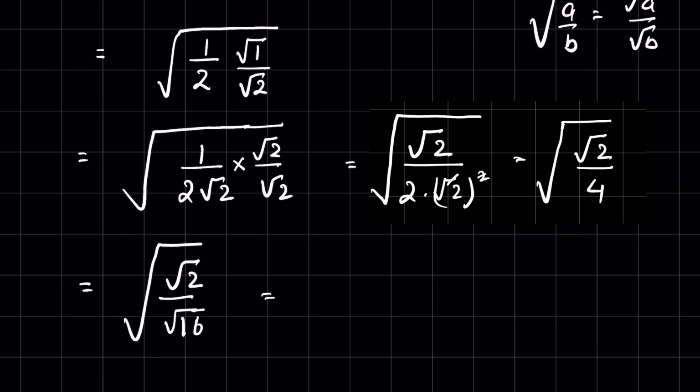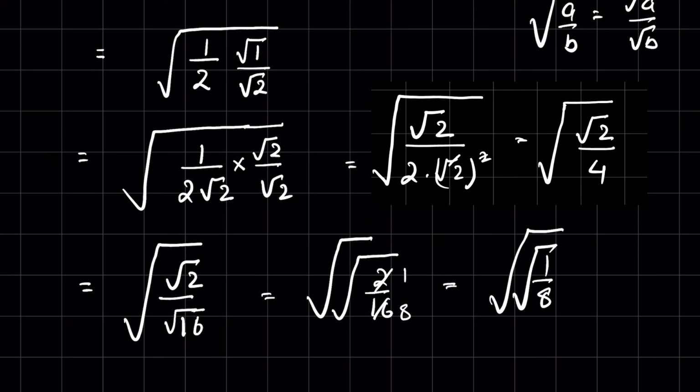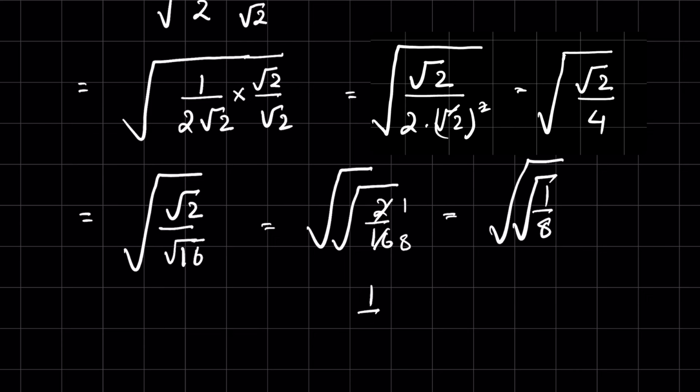Again, this we can write as the square root of 2 upon 16, and 2 times 8 is 16, so it is 1 upon 8 under the square root, then again under a square root, or this will be 1 upon 8 under the 4th root. So this is our answer.